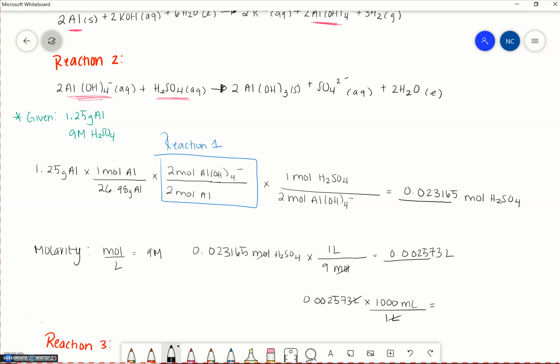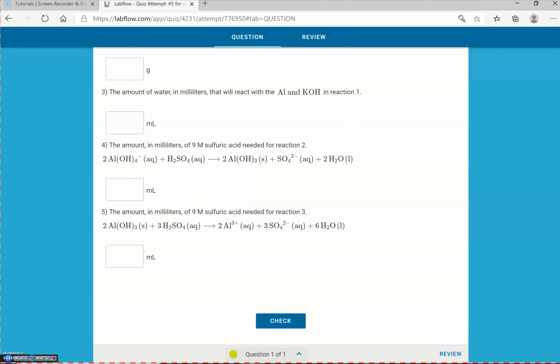Liters cancels out, and the answer we should get is 2.57 milliliters of 9 molar sulfuric acid for reaction 2. So that value goes for number 4 right here.